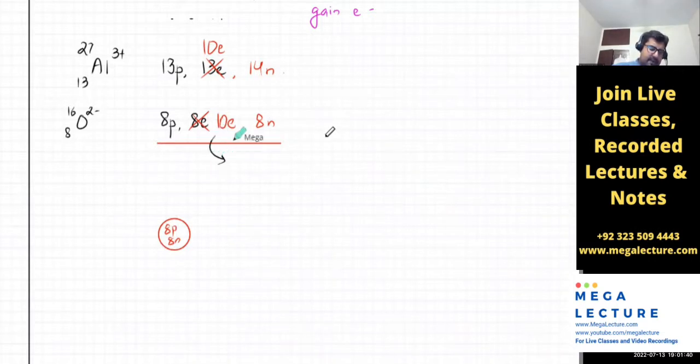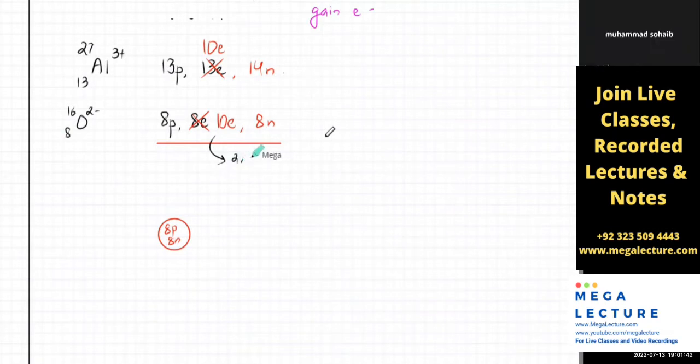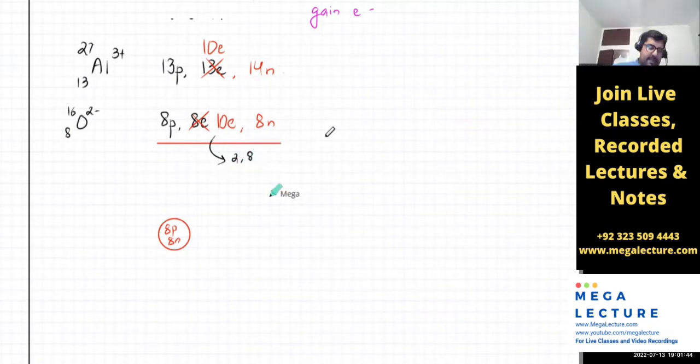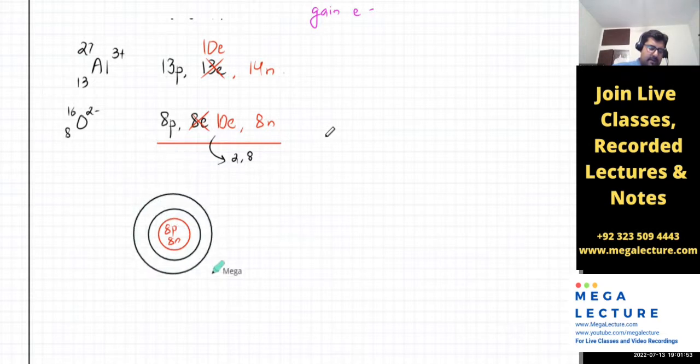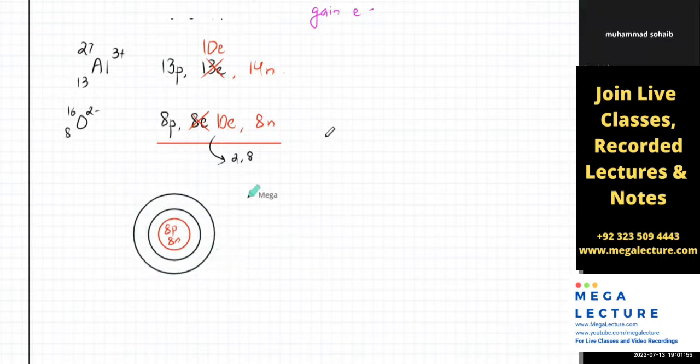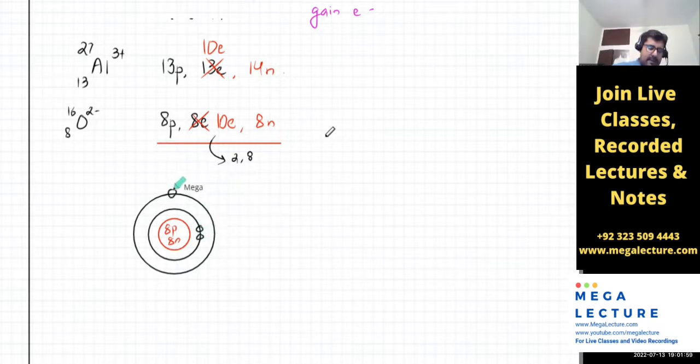That's 2 and 8, right? Yes. So I just need 2 shells. So I've got the first shell, and I've got this second shell. So I've got 2 electrons, and it would have been 6, but it has gained 2 electrons.